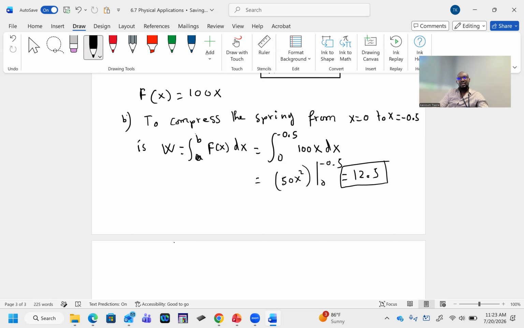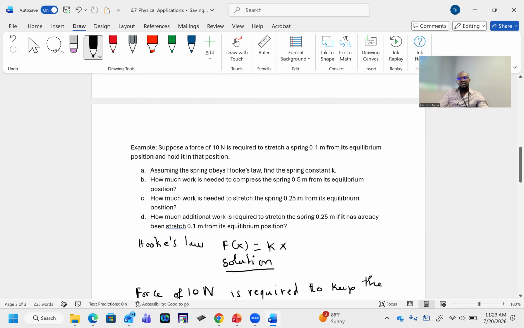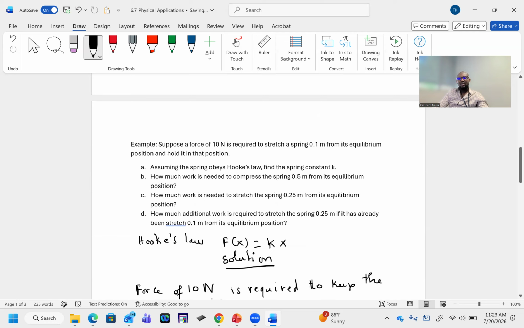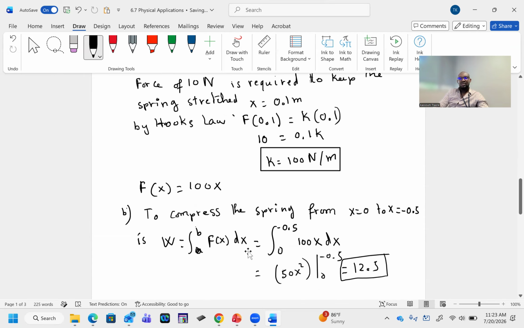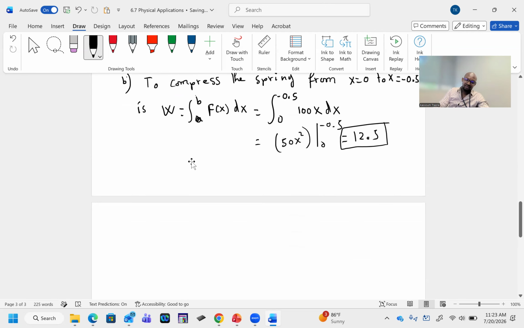Part C: how much work is needed to stretch the spring 0.25 meter from its equilibrium position? So C is stretch. The formula will not change.